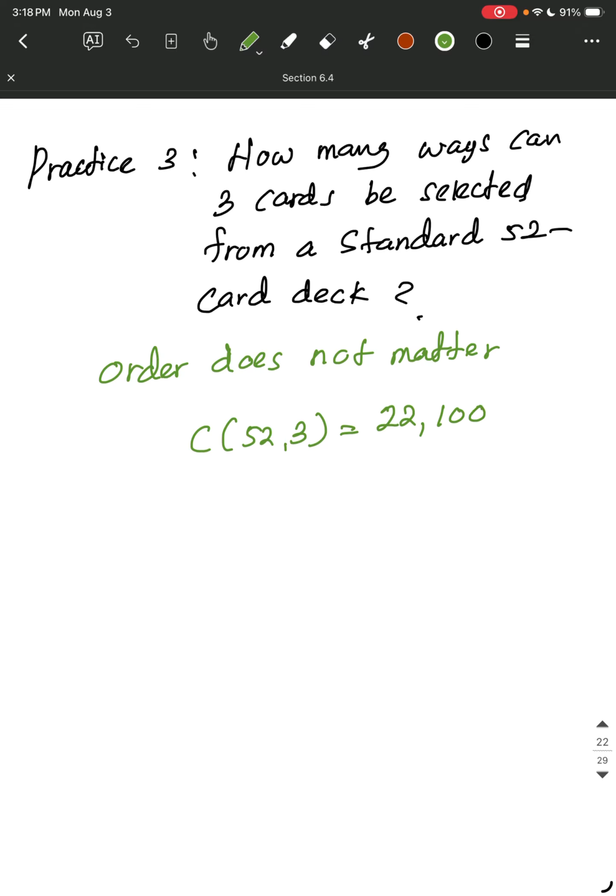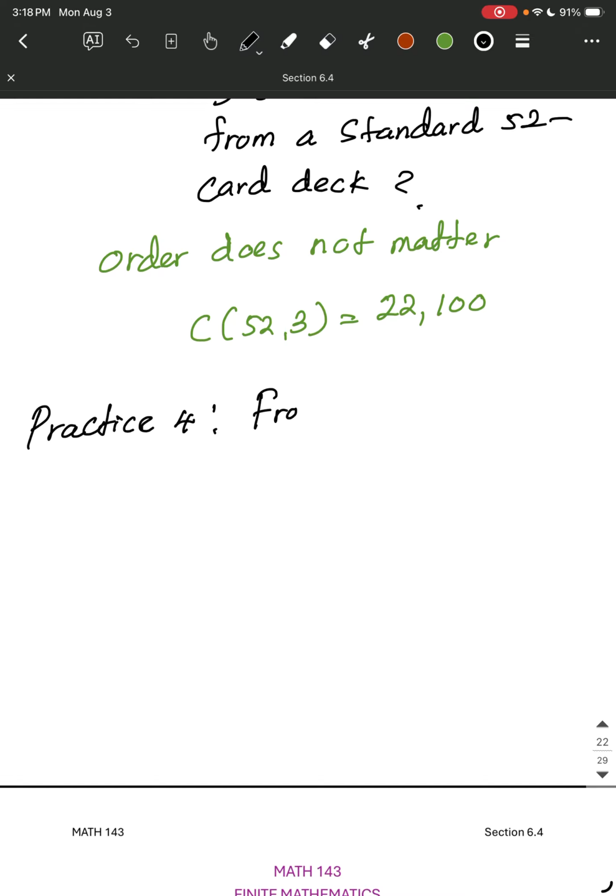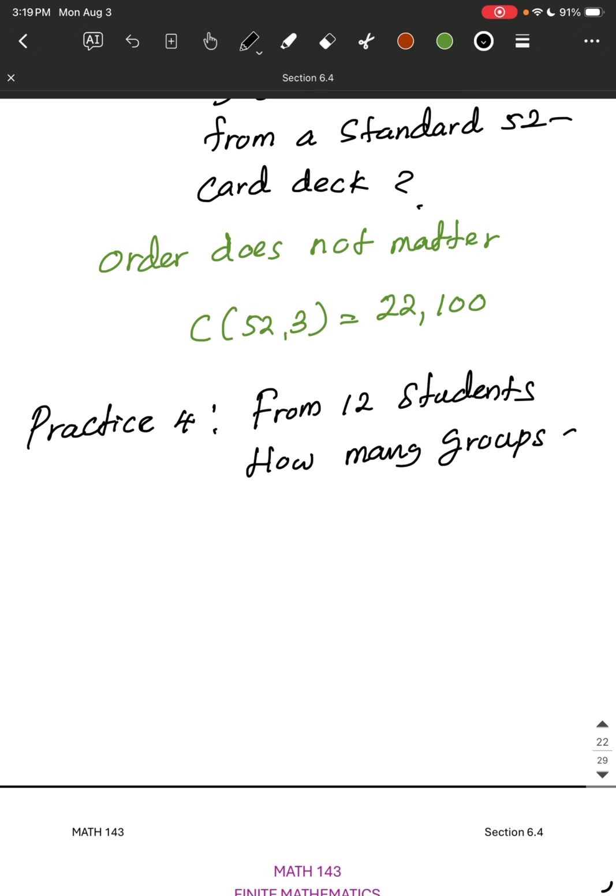Practice question number 4. From 12 students, how many groups of 5 can be selected? Okay, pause the video and try it by yourself.